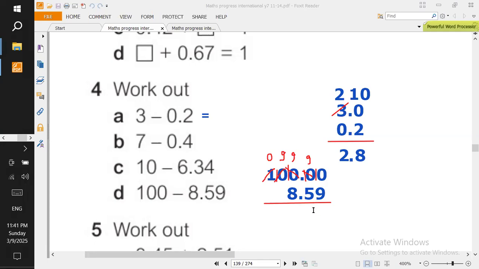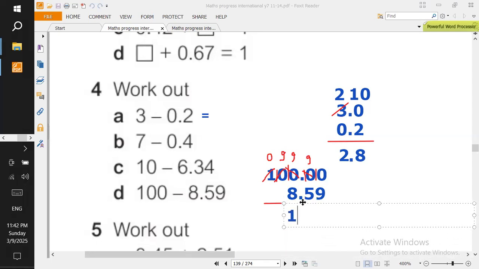So 10 minus 9 is going to be 1. And then 9 minus 5 is going to be 4. Okay, sorry about the arrangement. 9 minus 8, don't forget the decimal point. And then 9 minus 8 is going to be 1.